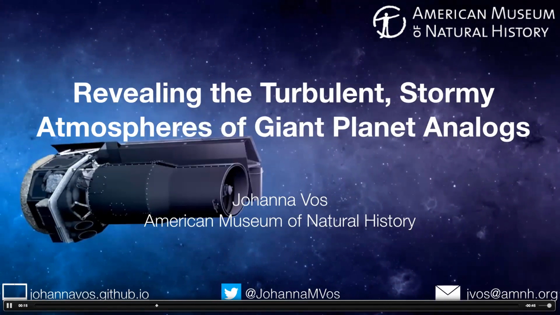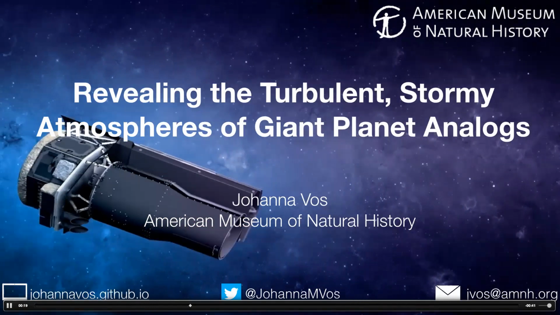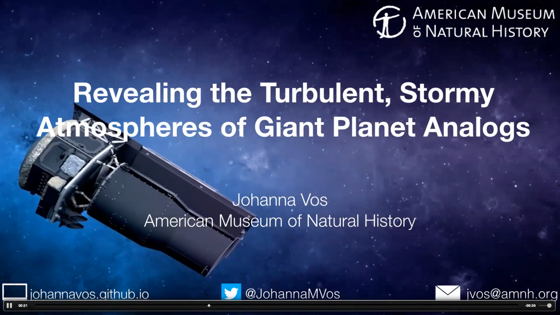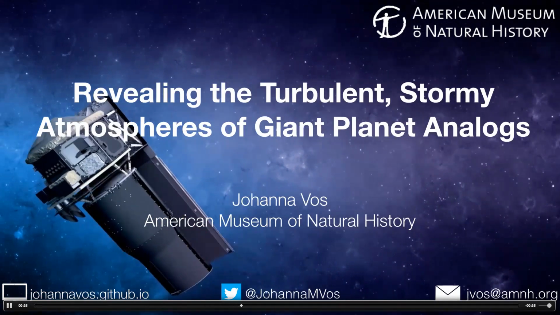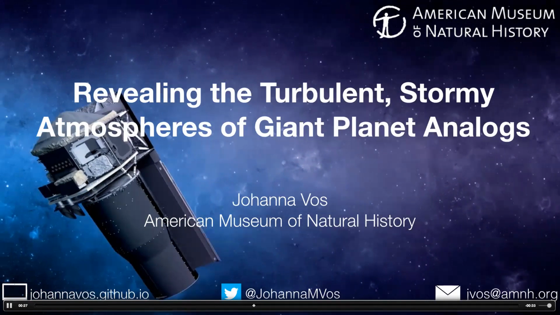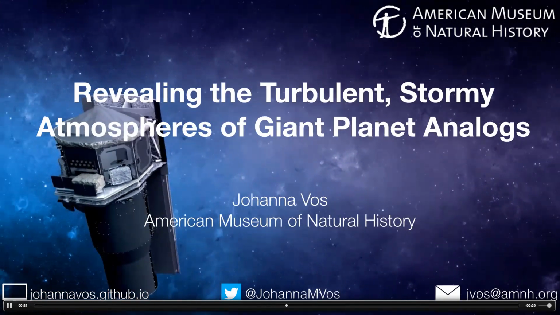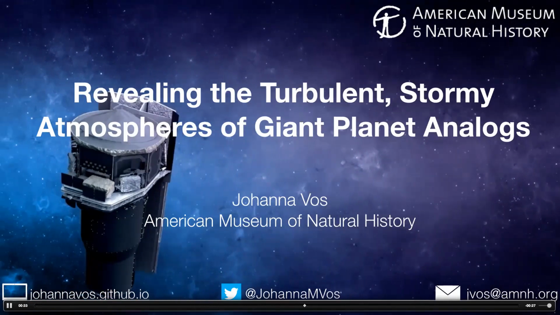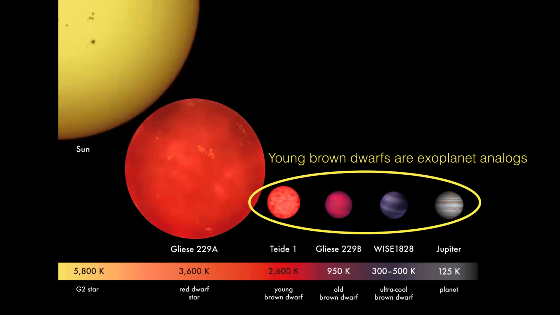So today I'm going to share some highlights from our latest program to reveal the turbulent and stormy atmospheres of isolated giant planet analogs. All of our data was taken using the Spitzer Space Telescope, which you can see gracefully slewing in the background there. Our study focuses on the atmospheres of young brown dwarfs, which can be viewed as exoplanet analogs.